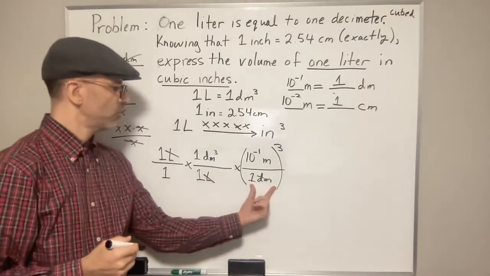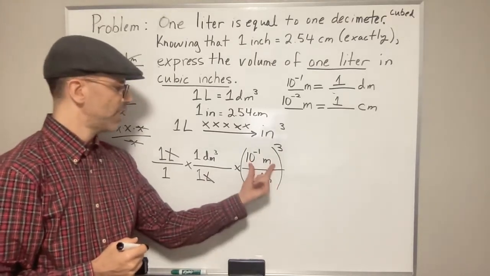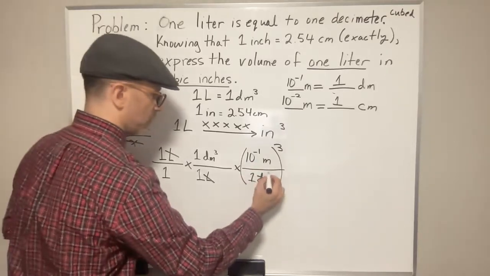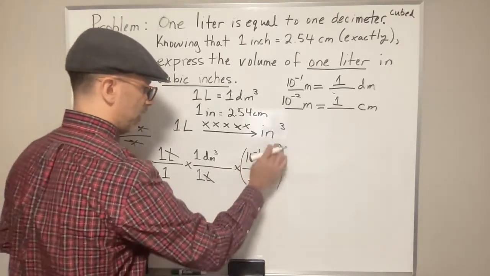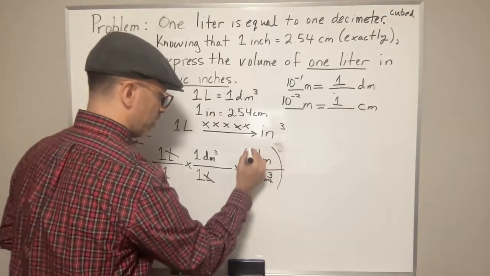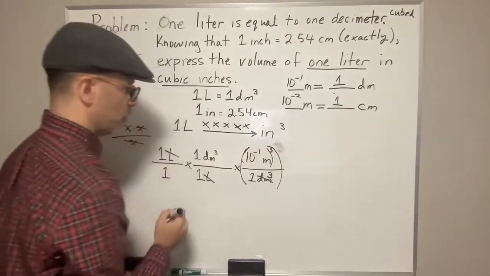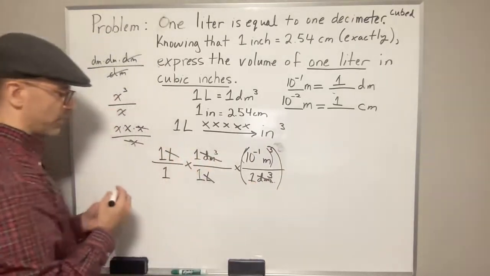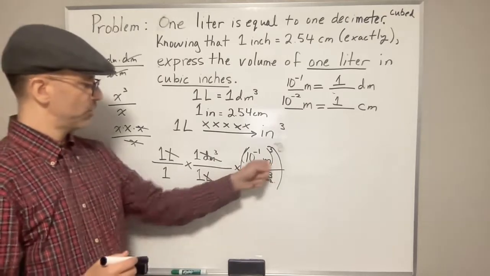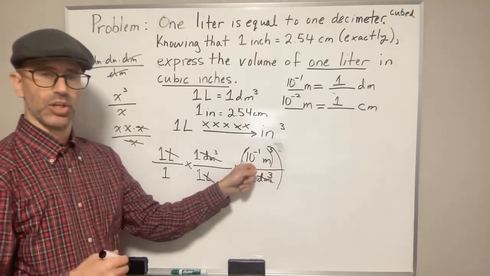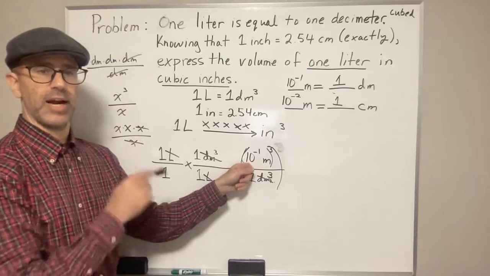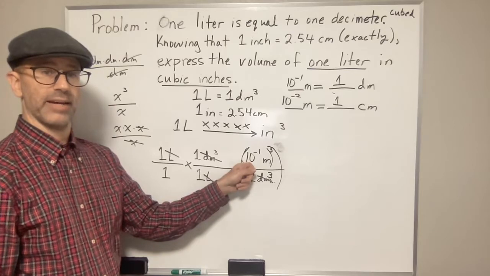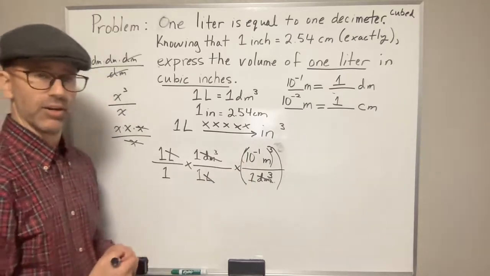So the bottom is cubed, and the top is cubed. So decimeters cubed cancels out with decimeters cubed. Now I have meters cubed, and I have 10 to the negative 1 cubed. So when I'm doing my calculation at the end, I want to make sure that I cube this or multiply it 3 times.